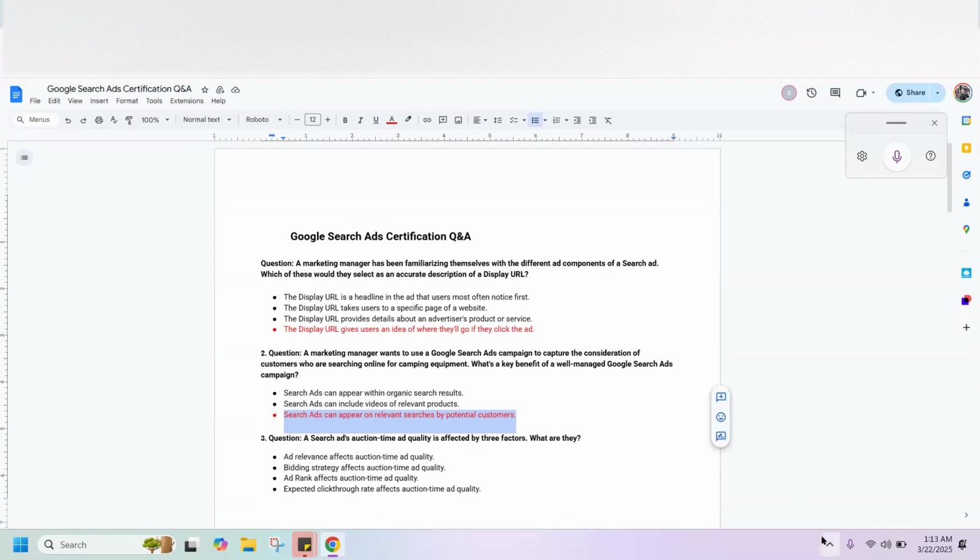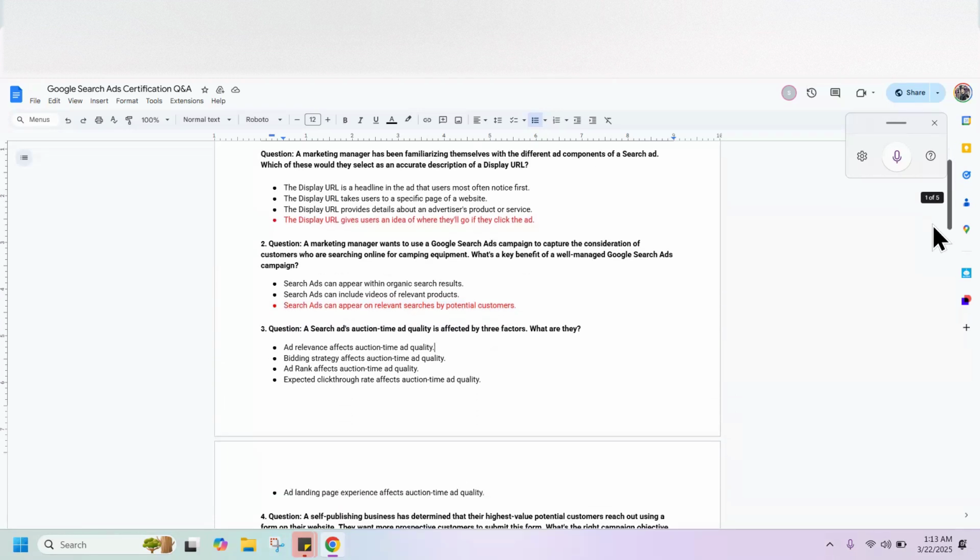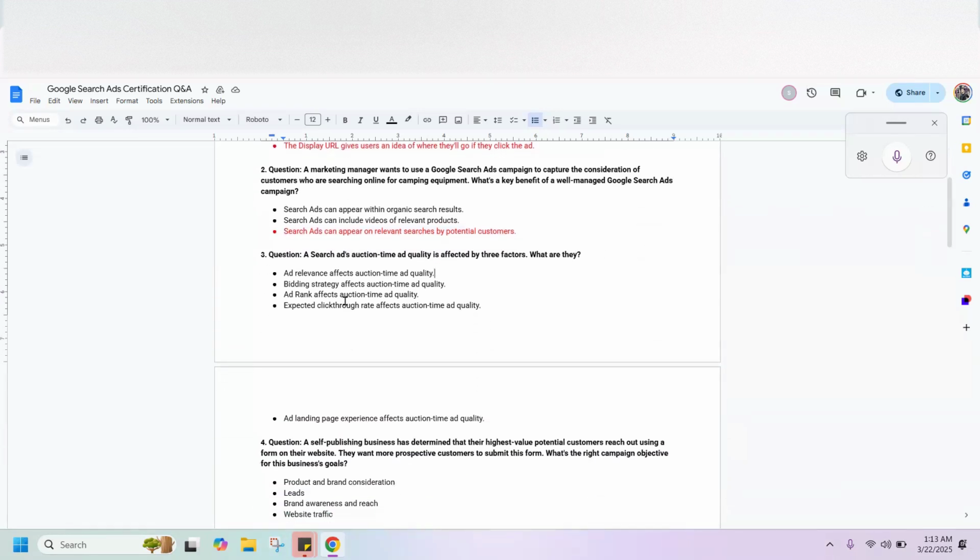Search ads auction time ad quality. Auction time ad quality is affected by three factors. What are they?